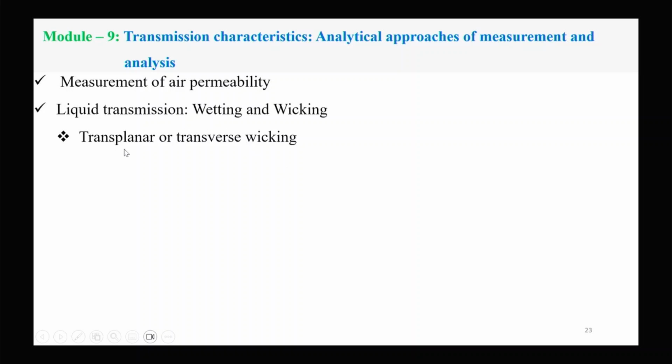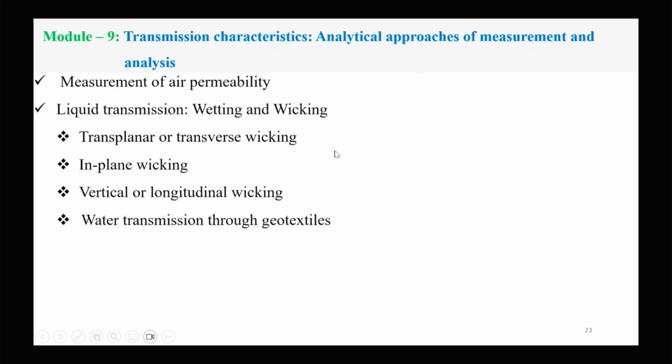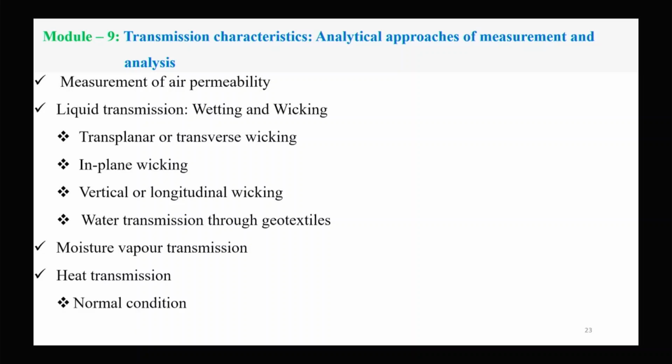The liquid transmission is again of two types, wetting and wicking. So vertical wicking, in plane wicking. So this all we will discuss here. Then moisture vapor transmission, heat transmission, and related numerical we will all discuss here. Normal condition and extreme condition.